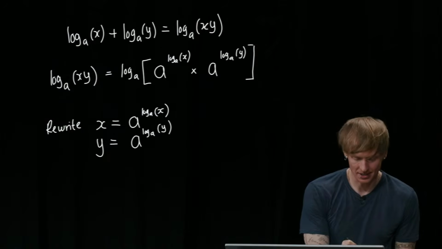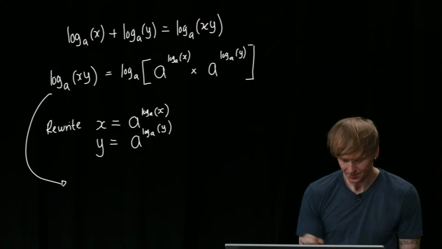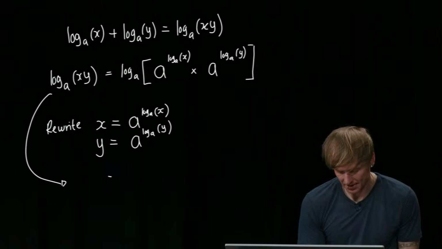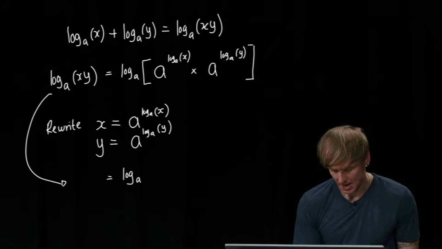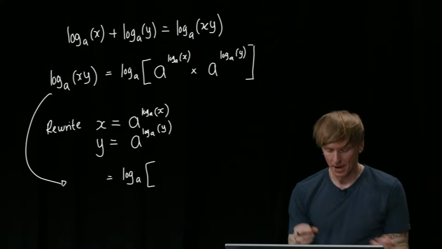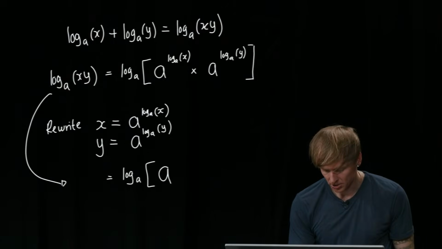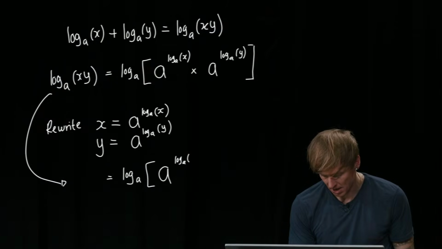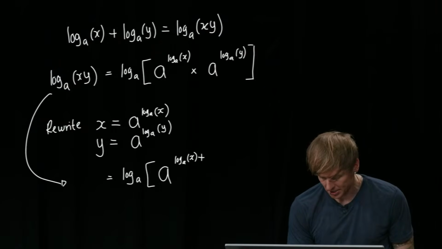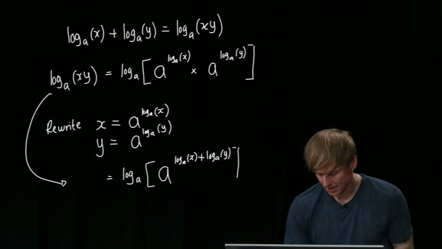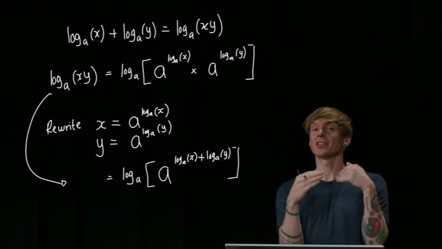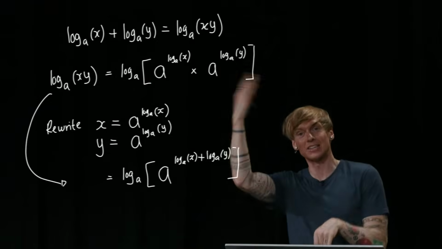So doing that, I'll just carry on down here, we can say now that this is therefore equal to log base a, and then in the bracket we add the powers, so it's a to the log base a of x plus log base a of y. And now we cancel out the log and the a to a power.